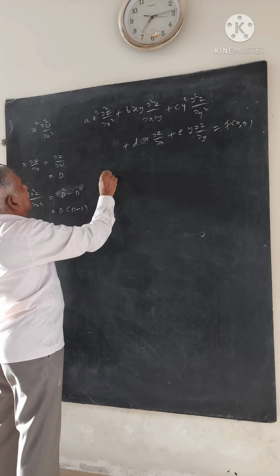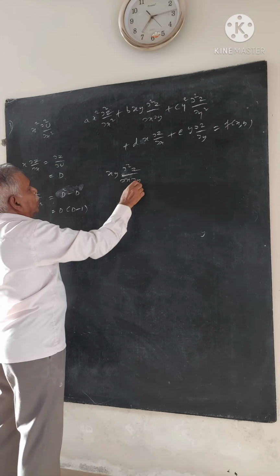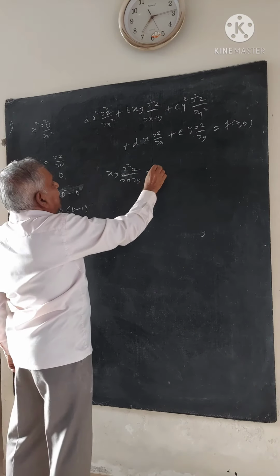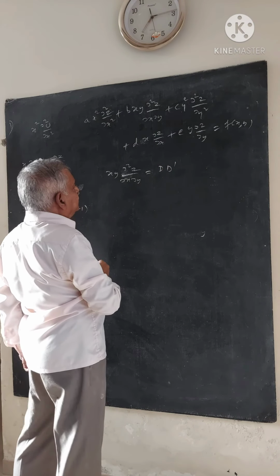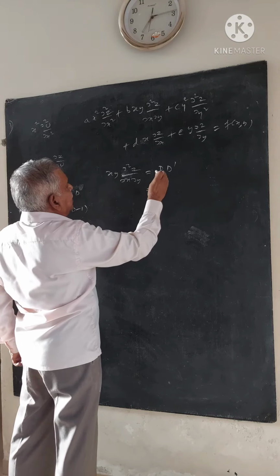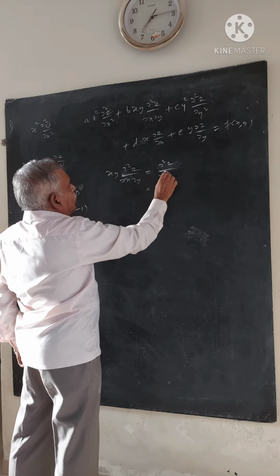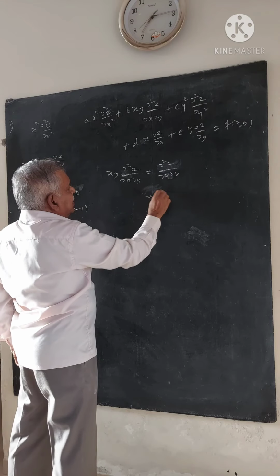Similarly, xy ∂²z/∂x∂y = D D', because this is ∂²z/∂u∂v, which is D D'.